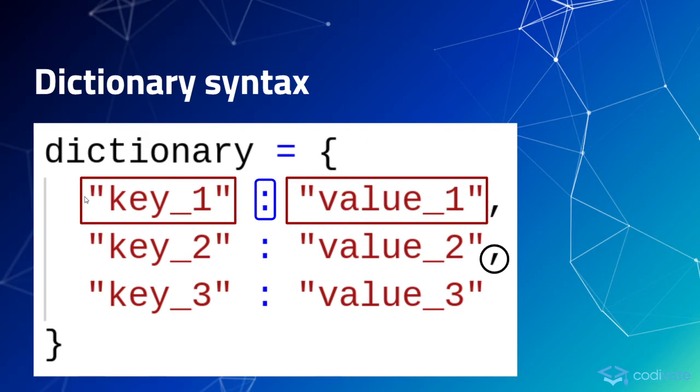We have each key value pair on a different line, but it's not necessary to do it like this. If you had only maybe one or two values in your dictionary, you could put everything on one line. But this is just here so we can clearly see which key goes with which value, and we see all the commas here.